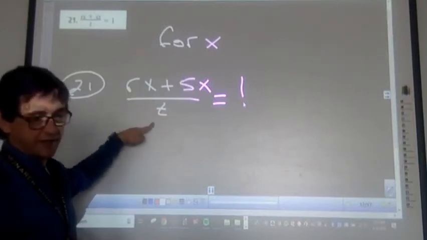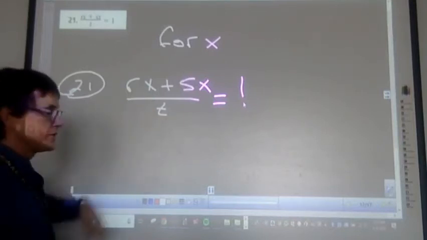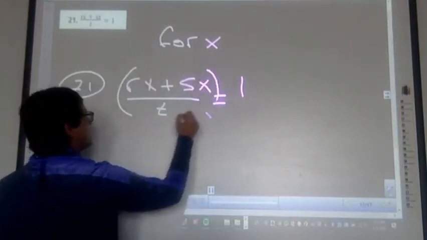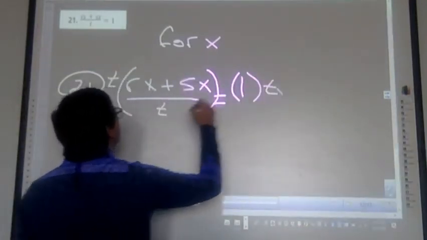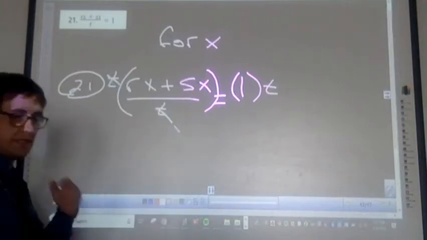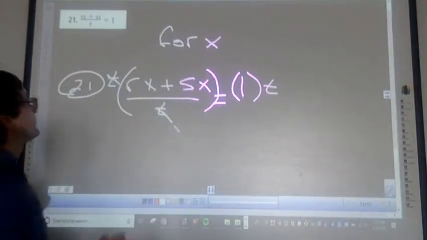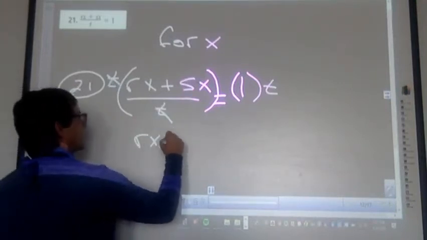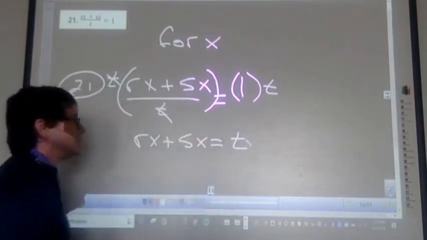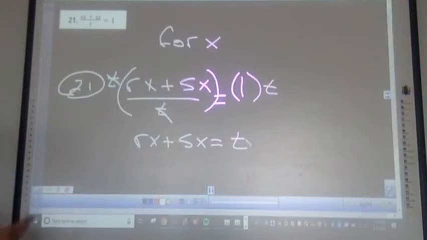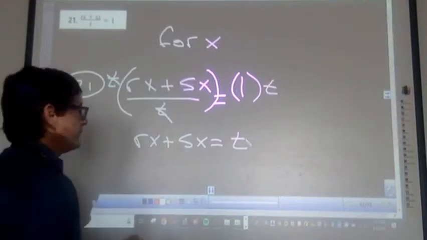And also this divide by t is in the way. So to undo divide by t, multiply by t. So the t's cancel on the left side. Then you got rx plus sx equals t. And then it's exactly like that first example we did.